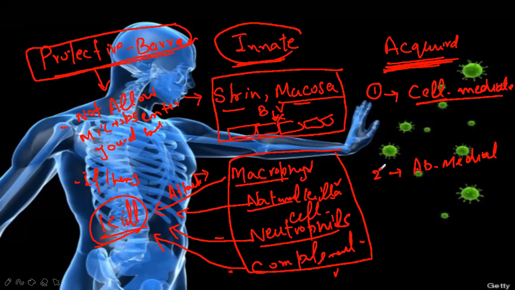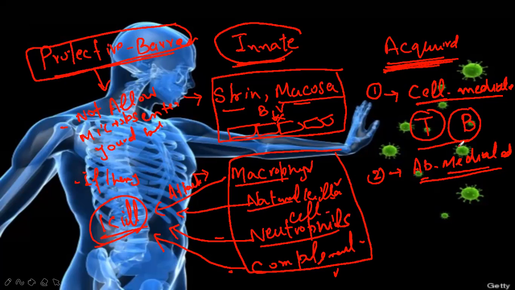Number two, antibody mediated. Cell mediated immunity, what are the cells here? T cells and B cells. Clear?